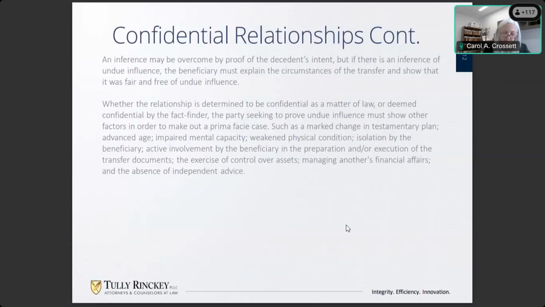And in Matter of Neenan, the decedent was survived by her nieces and nephews as distributees, and the decedent disposed of the estate, one half to a niece and one half to the niece's son, who was the grandnephew. There was proof that the grandnephew acted as the decedent's accountant and assisted with her finances. And there was an objection raised of undue influence.